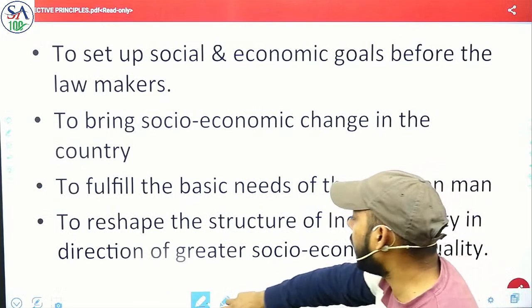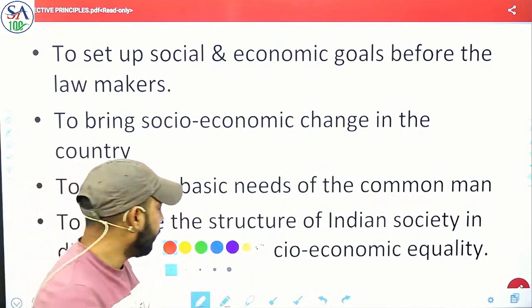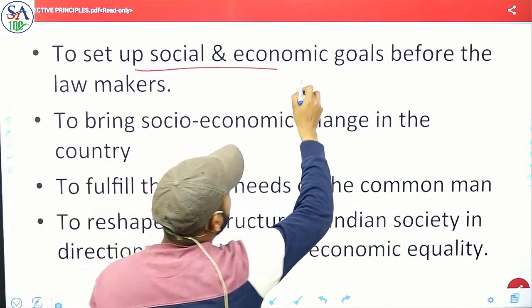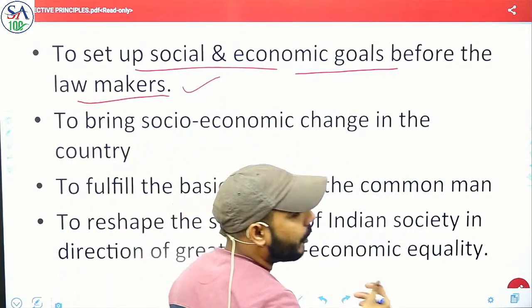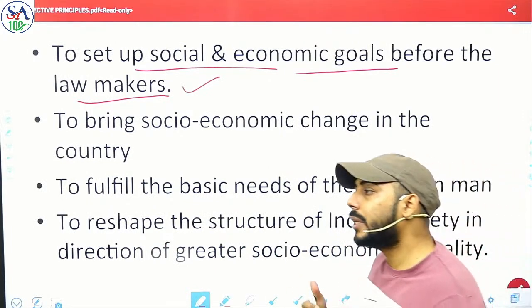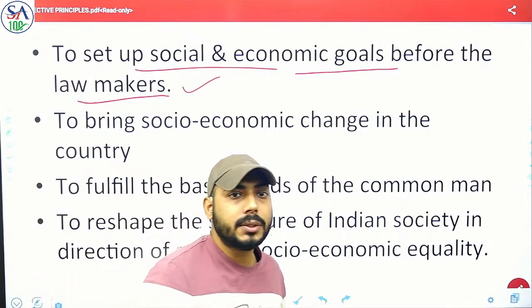The first basic aim of DPSP is to set up social economic goals before the lawmakers. For instance, lawmakers mainly are MPs in the Union, at Parliament, and in state assemblies at the state level.